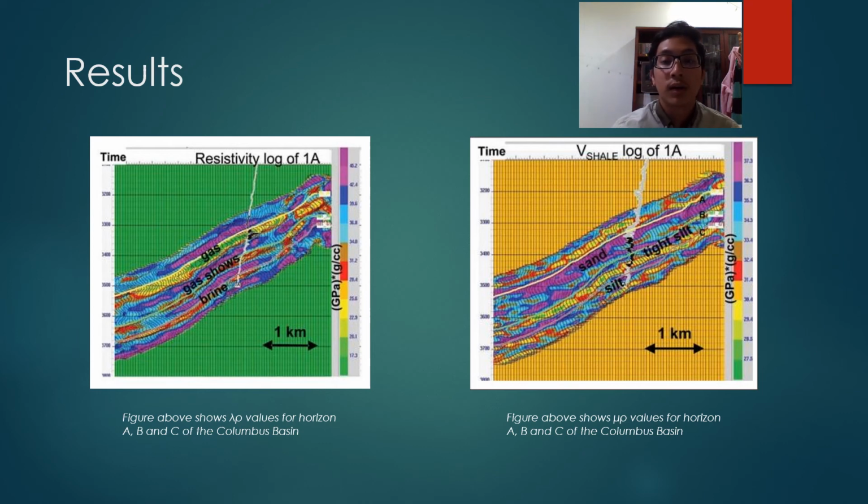That is correctly indicating the sandy lithology. However, horizons B and C also show low Lambda-Rho values relative to their surrounding lithologies, but it is clear that these values are not comparable to the gas sand at horizon A.